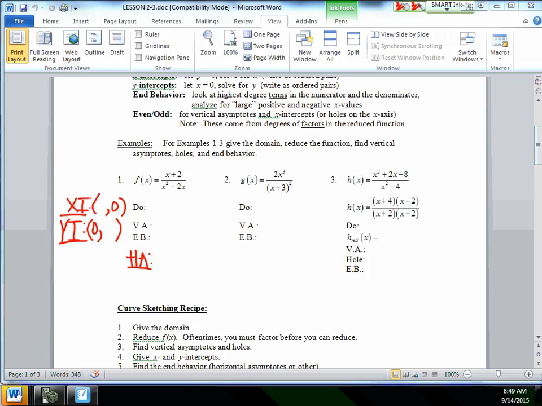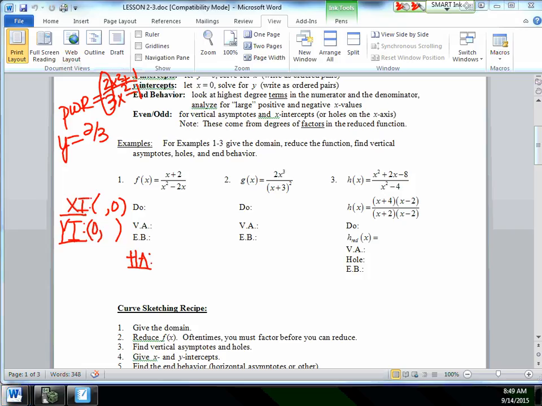Okay, horizontal asymptotes are all about the powers. Just like in the last lesson where we talked about limits at infinity, if the powers are equal in the numerator and denominator, so 2x squared plus 1 over 3x squared minus 1, the powers are the same. So my horizontal asymptote is at y equals 2/3.